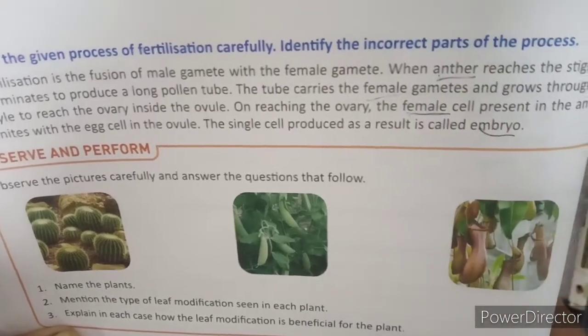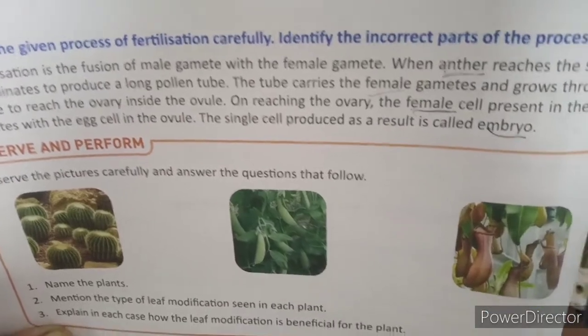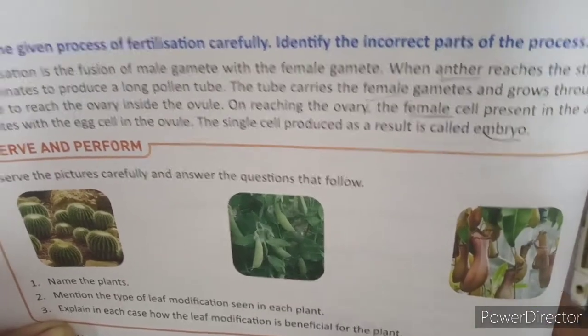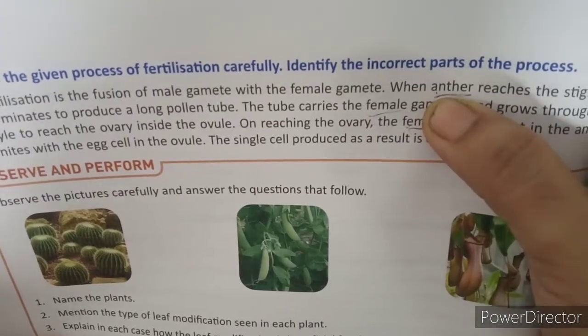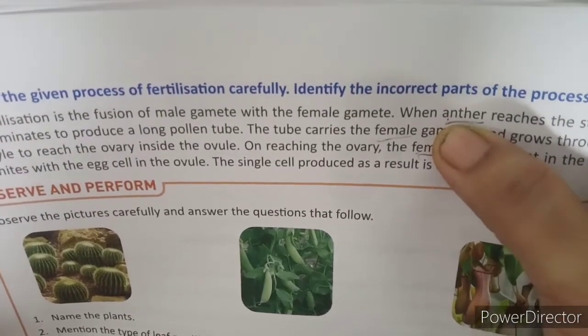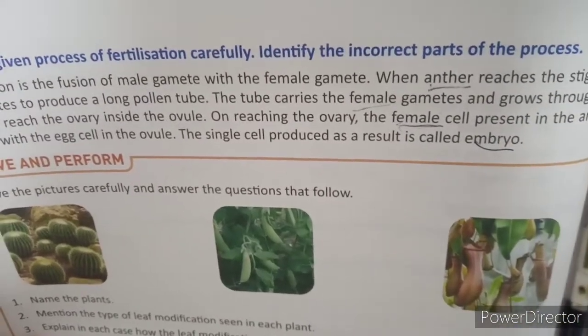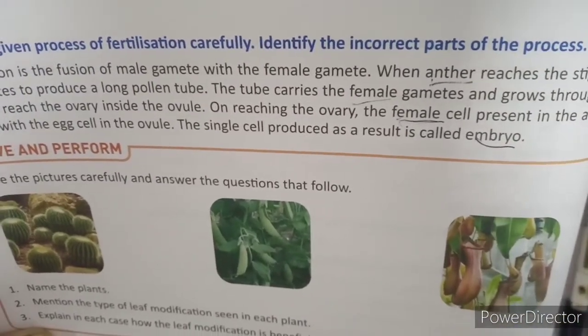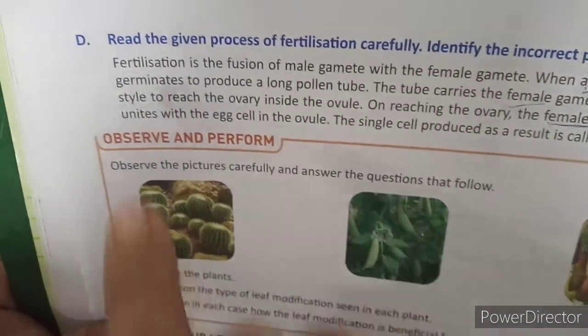What is reaching here, anther or the pollen grains? Anther is the wrong one. So mark it, and above that write pollen grains. When pollen grain reaches the stigma. Now go for the next line.